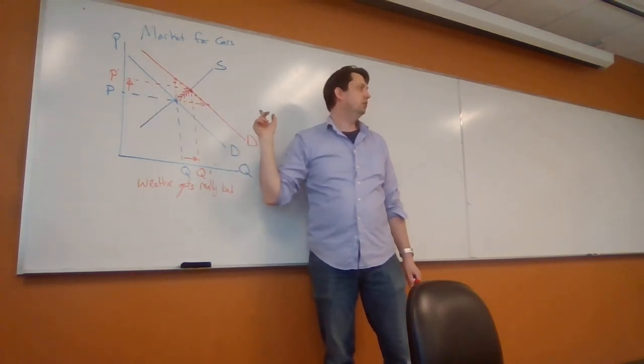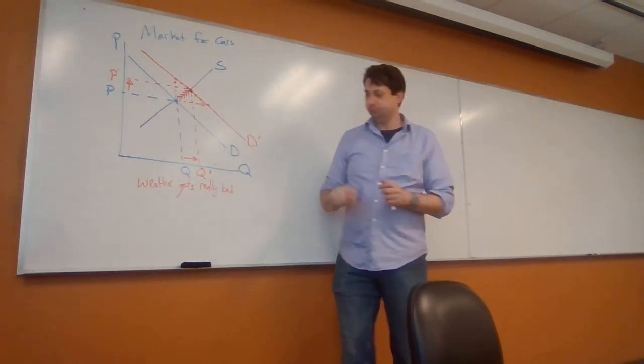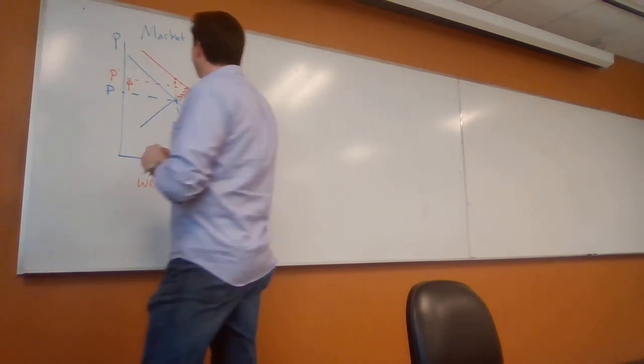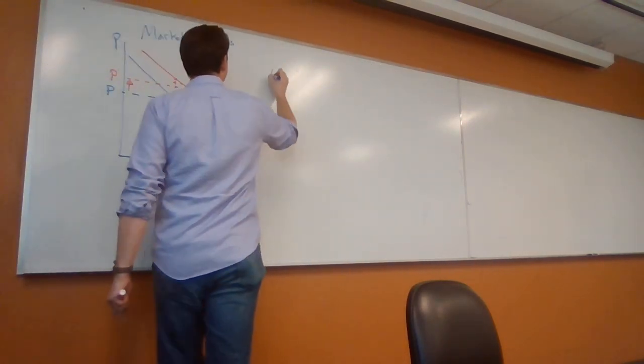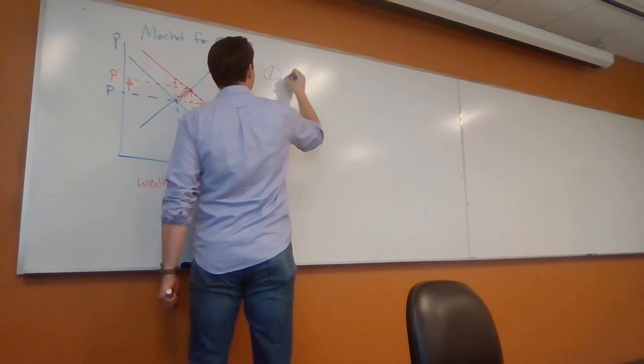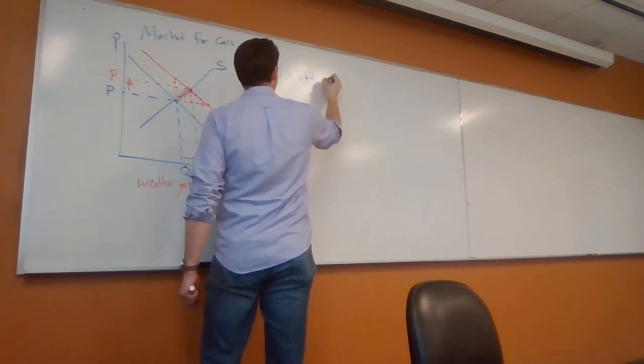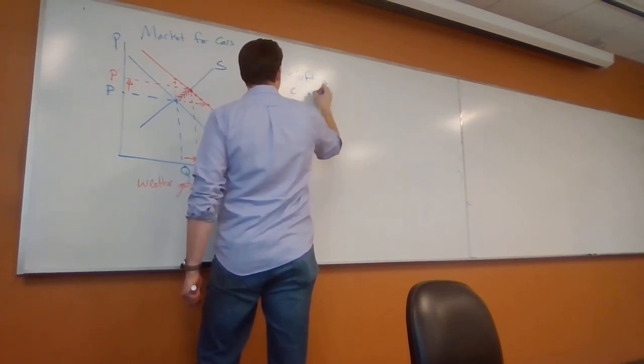People do different things. All shifts have this two-step process. One, shift a curve. It can be supply or demand.